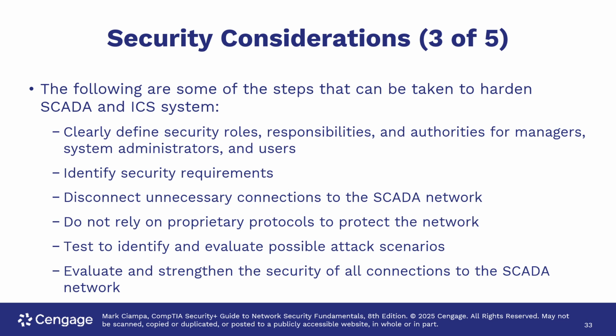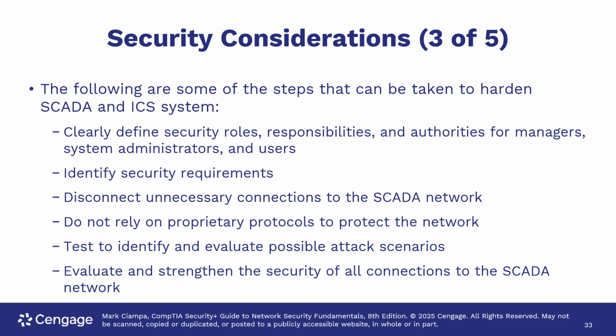The following are some of the steps that can be taken to harden a SCADA and ICS system. Clearly define the security roles, responsibilities, and authorities for managers, system administrators, and users. Identify security requirements. Disconnect unnecessary connections to the SCADA network.